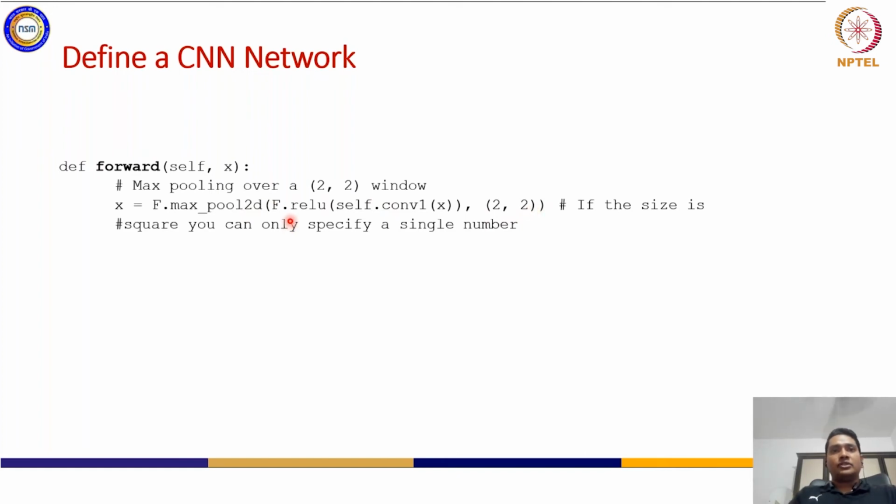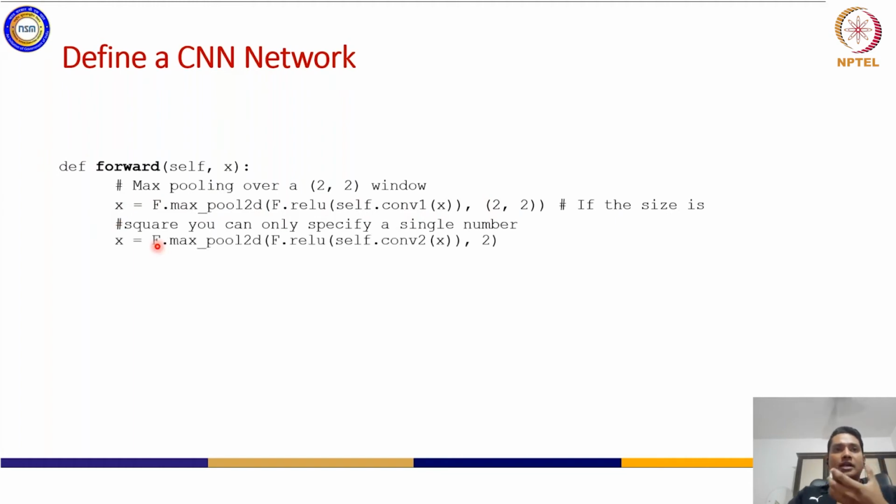Since all these are non-parametric layers, ReLU and max pool, we are not defining them explicitly inside the initializer. If you want, you can define them there and use them here. So we are directly using those layers from the functional API. And X is the output of the first layer.